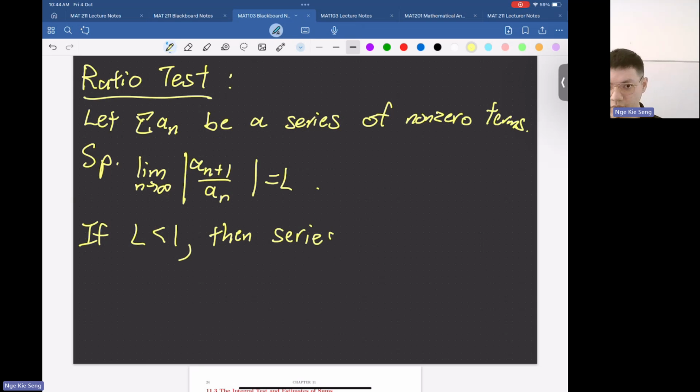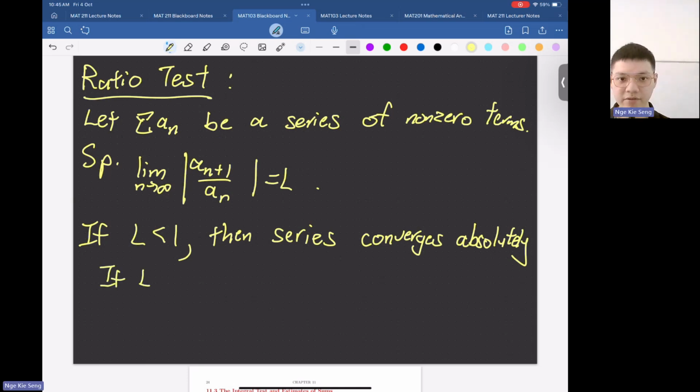converges. Not just converges, but converges absolutely. So there's a reason why we consider this absolute quotient here. If L is greater than 1, or L is actually infinity, then the series diverges.